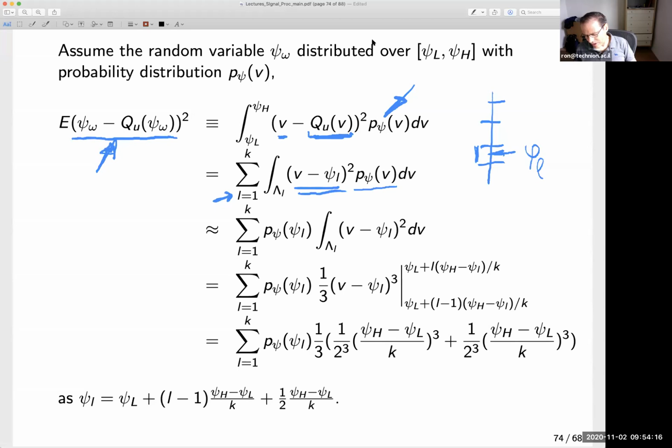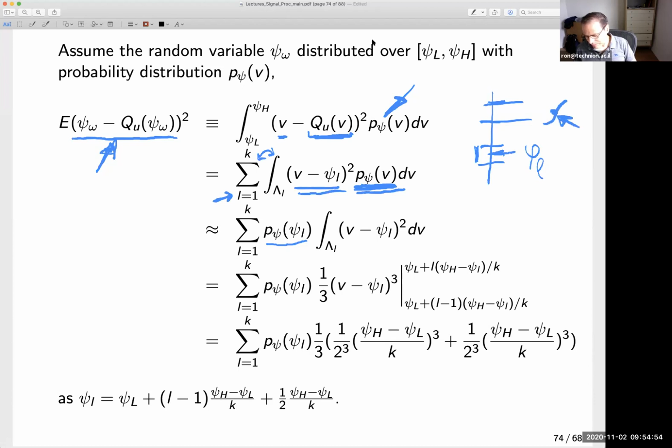Now, since all these operations here are linear, I can switch the order of the integration and the summation. And since the probability does not depend on the interval I'm working with, I can push it out of the, sorry, I'm taking it back. If I assume that the probability is a smooth function, then I can approximate the probability within each and every interval by the average of the probability in the interval, or by the value at the center of the interval, exactly what we did before with the Taylor expansion, okay?